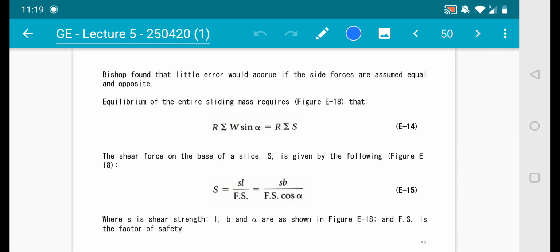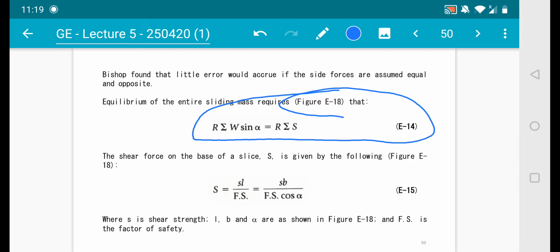Now Bishop found that little error would occur if the side forces are assumed equal and opposite. Equilibrium of the entire sliding mass is required, figure 18. So you start off with equation E14, which is based on the equilibrium concept.